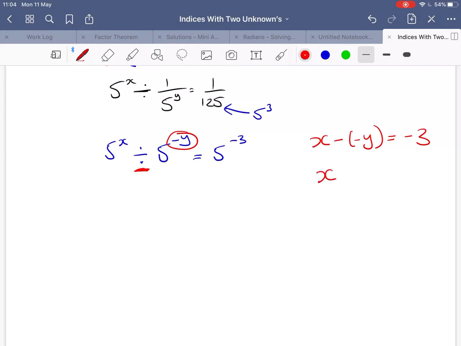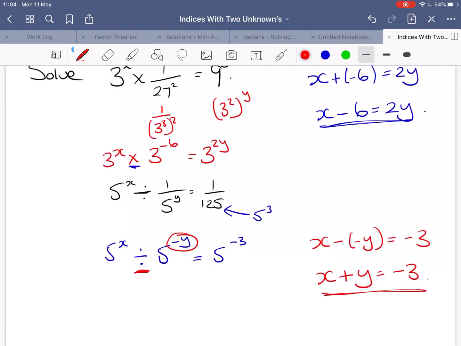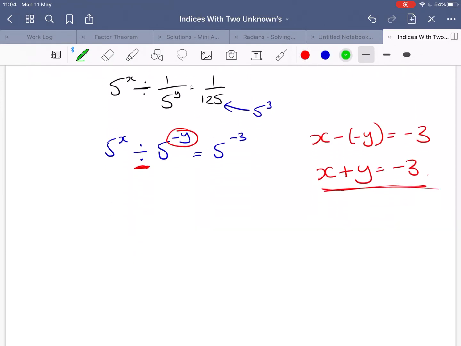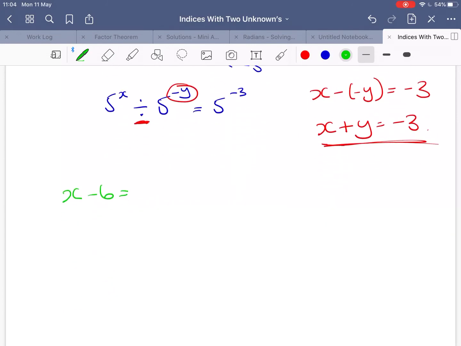So effectively, I've got x plus y equals minus 3. And now I have two simultaneous equations. So I'm going to write them down here. x minus 6 equals 2y, and x plus y equals minus 3.